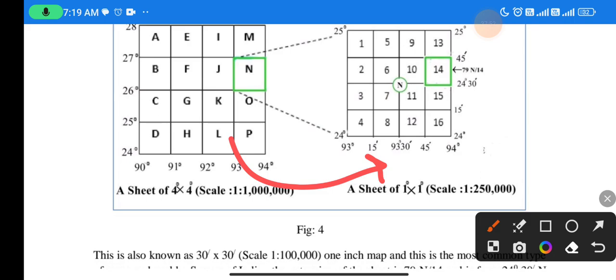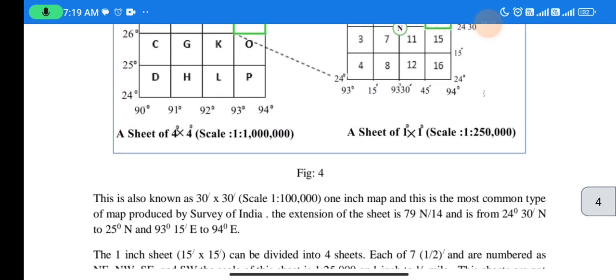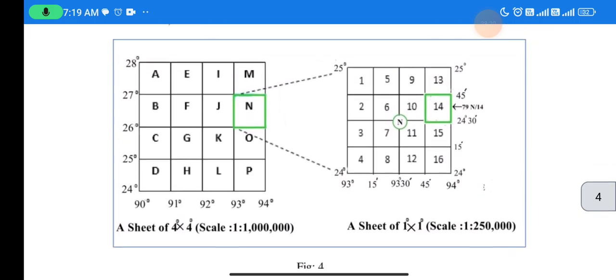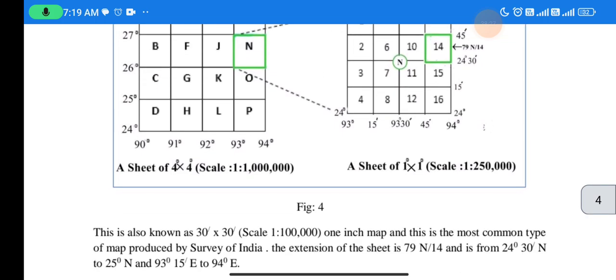2,50,000 is getting divided into 4, 62,500, right? Yes.